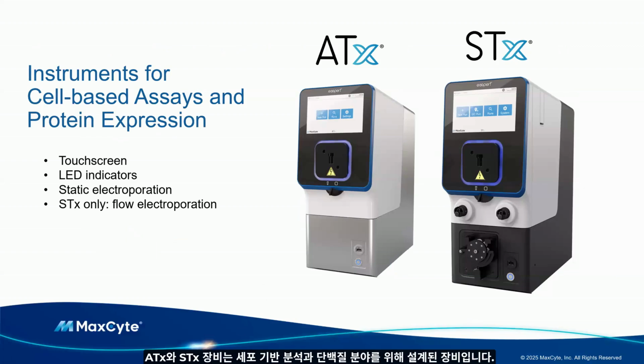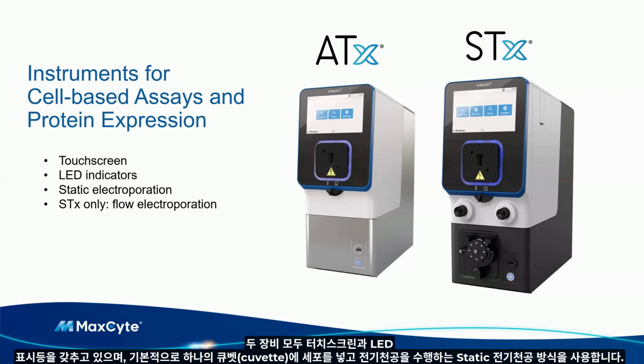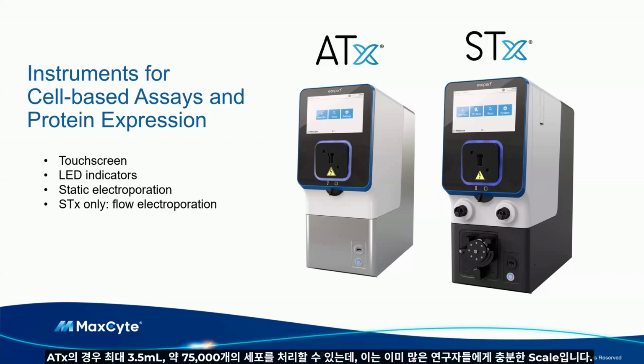Coming back to cell-based assays and protein production, we have 2 instruments specifically for these fields: the ATX in the middle and the STX on the right side. Both of them have a touch screen and LED indicators. The ATX does static electroporation, which means electroporating one cuvette and putting the cells into that cuvette. With that, we can do up to 3.5 milliliters of cells, which is around 75 million cells, if I remember correctly.